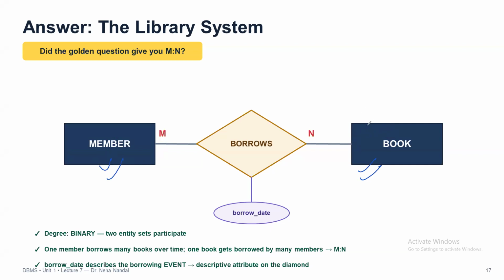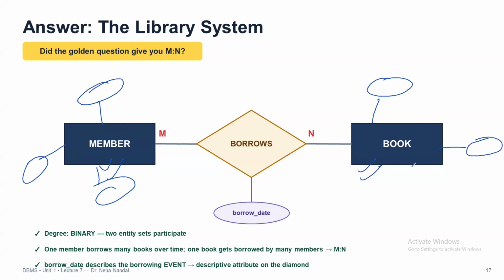So book is one. And with this, you can draw some attributes also. If you have already drawn, that will be very good. Okay. So member will have its member ID, book will have its book ID, book name, author name, which edition it was. So these types of attributes you can create.